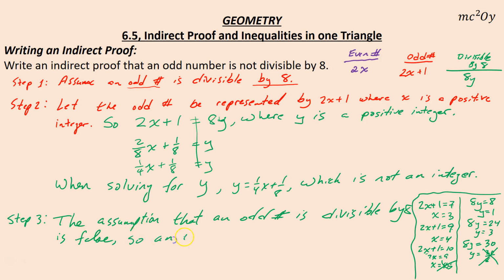So an odd number is not divisible by 8. All right, a little number theory there, actually a lot of number theory there, but hopefully that'll help out with some of those tougher problems.